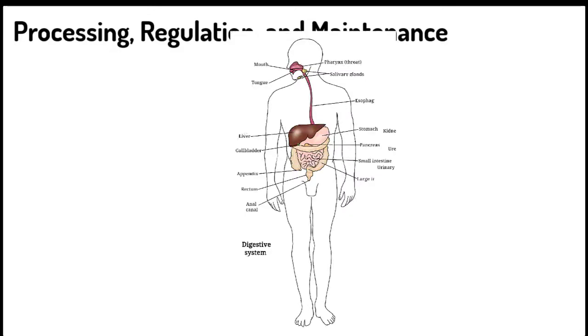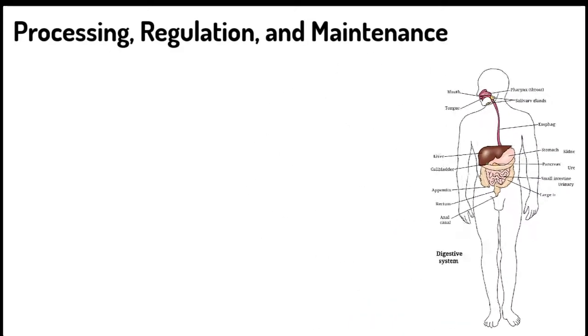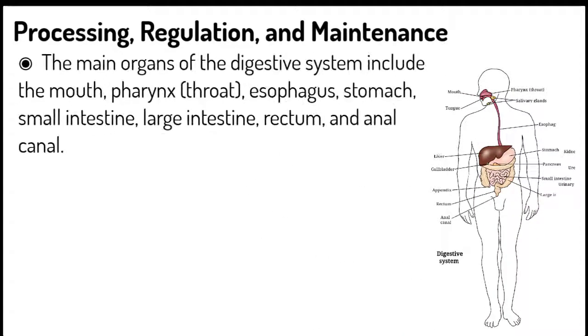The next system is the digestive system. The main organs of the digestive system include the mouth, pharynx, which is the throat, esophagus, stomach, small intestine, large intestine, rectum, and anal canal.